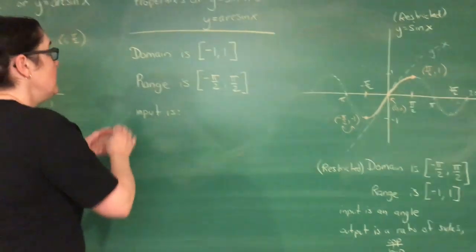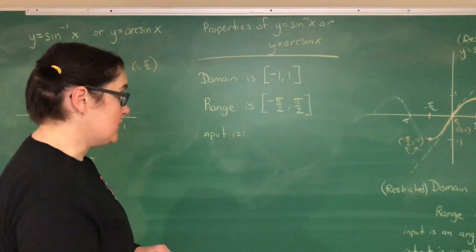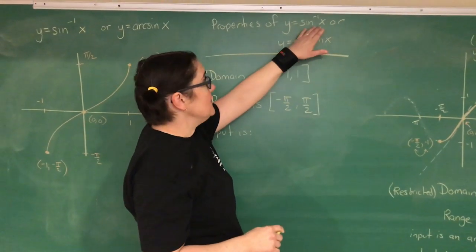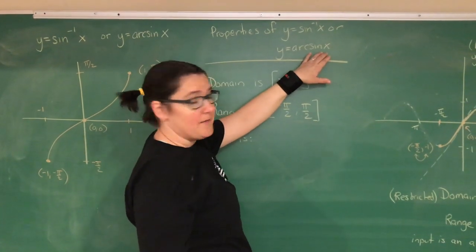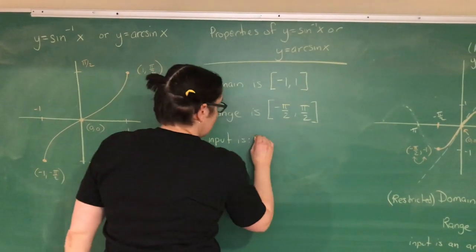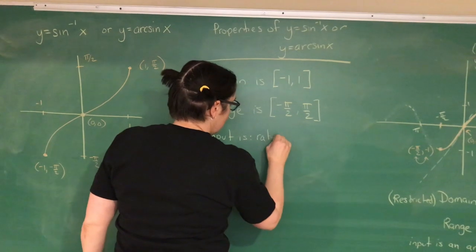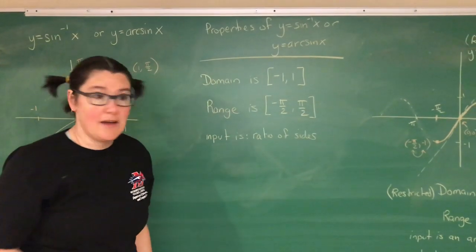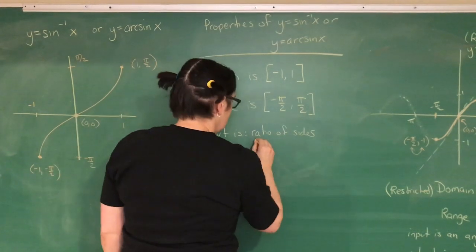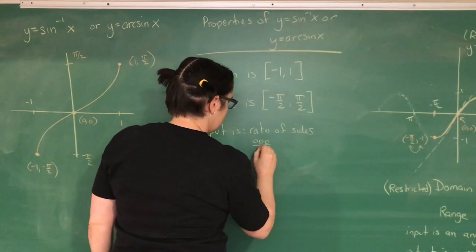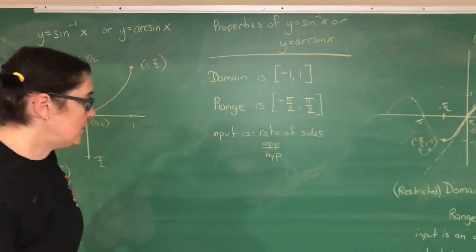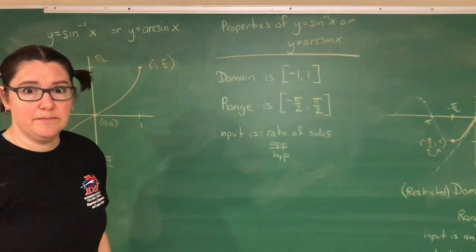Then our input for our inverse sine function, the thing we're plugging in for x into inverse sine of x or arcsine of x, that number is a ratio of sides of a triangle. In particular, we're looking at an input that is representing the opposite side of a triangle over the hypotenuse side of a triangle.